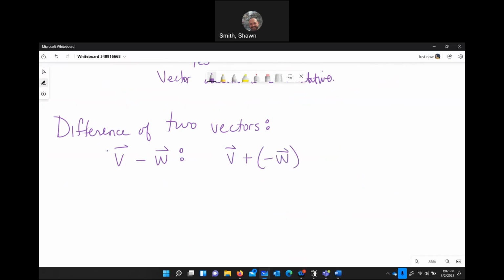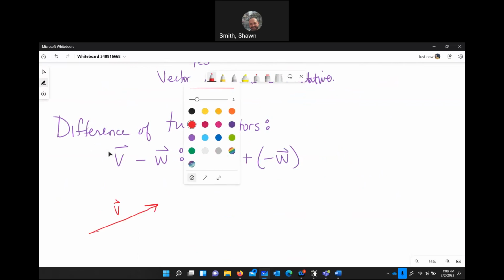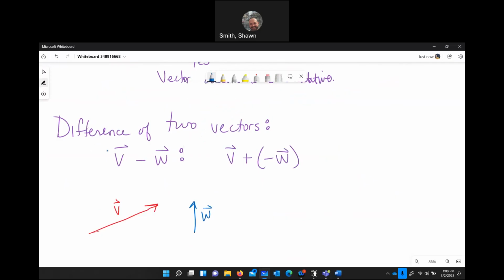So if w went this way, let me redraw my pictures again. Vector v, I don't remember exactly what they were, let's say that. And w was something like this. Well, what is negative w? Opposite direction, right? Same length though.